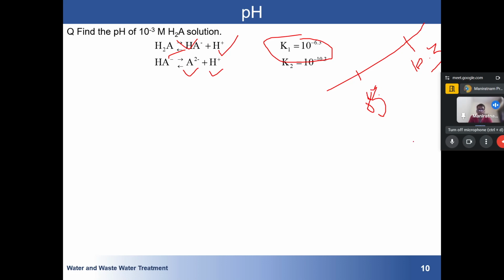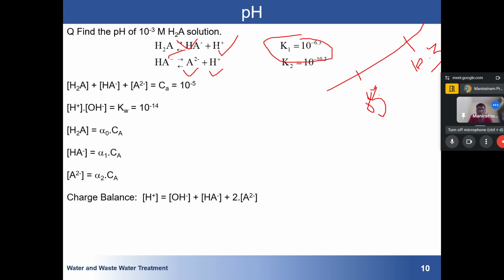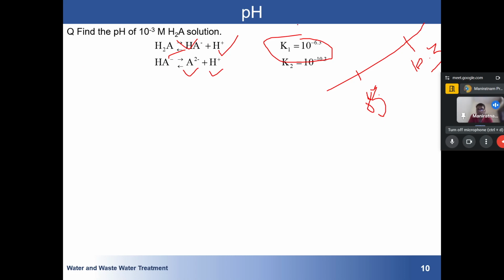At this pH, we can write the equation Ka1 is equal to HA- times H+ divided by H2A. Remember, as this is a big diprotic acid, not all of the H2A will dissociate. Some of it will still be in its original form, known as H2A star.